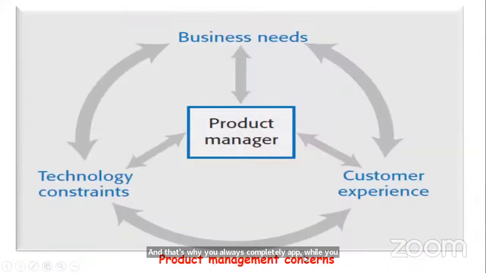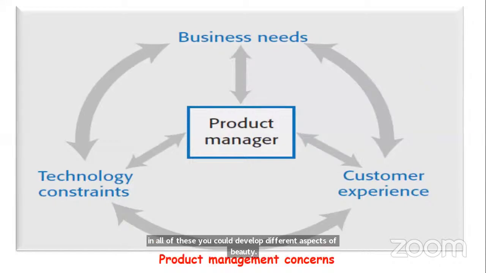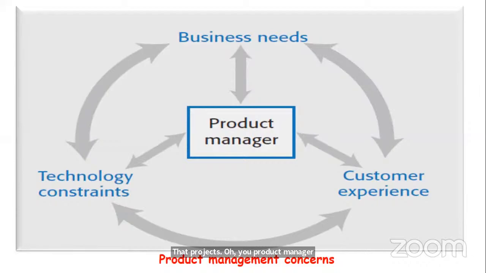So this is the project management concern. It looks at the business need, the constraints of technology at present, then the customer experience. So in all of this, you could develop different aspects of duty that a project or a product manager can take up.